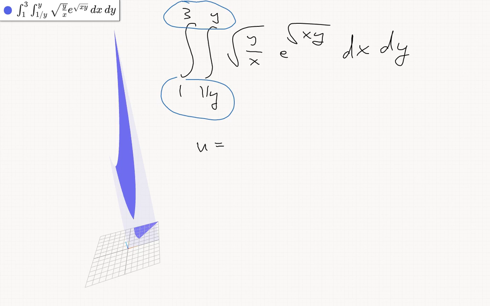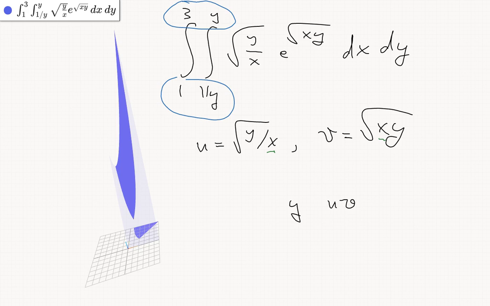So we'll make the substitution, looks like u equals root y over x, v equals root xy. That would be a good substitution. So then to solve these for x and y, we can see that u times v would give us, the x's would cancel out, and then the y's would get squared.